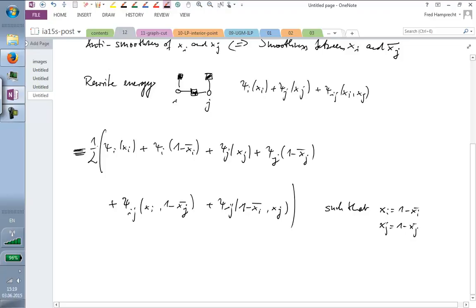There are different ways of rewriting this energy. I have now rewritten it in a form that will turn out to be useful if this pairwise potential is supermodular.